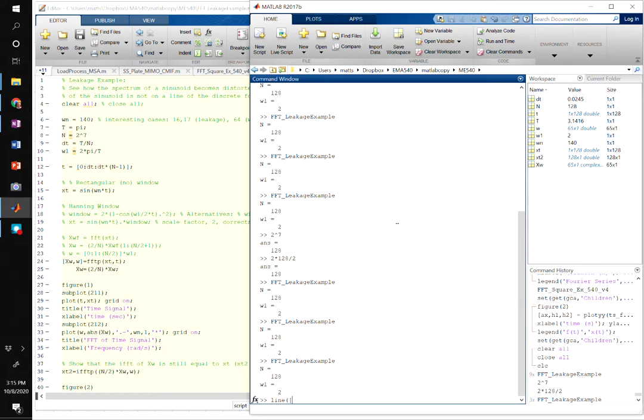And if we create a time vector that's sampled much more quickly, actually, let's just do it this way.